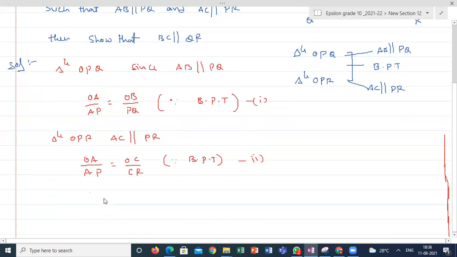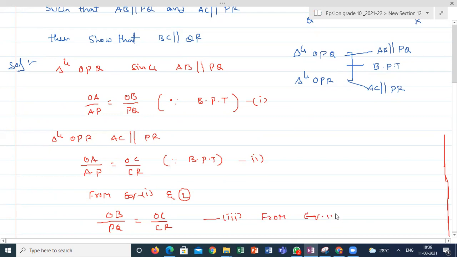So from equations 1 and 2, what can I write? OB by BQ is equal to OC by CR, sir. Therefore, BC is parallel to QR, sir, by the converse of the basic proportionality theorem.